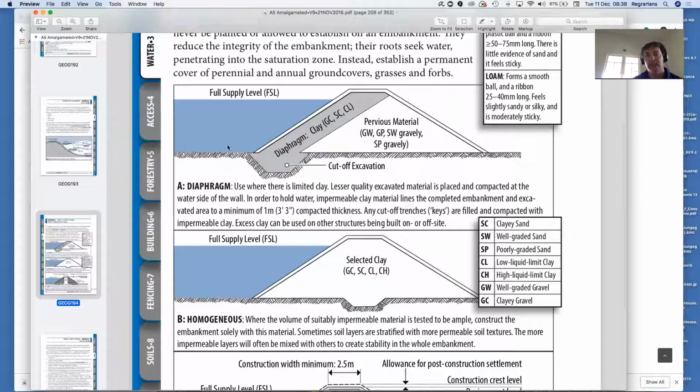That stops any water seeping, because this area right here is a weak zone in a lot of soil types, and water can seep in between the earth that hasn't been disturbed and the fill material that you've put on top. So a key trench which is packed full of pretty good clay acts to sort of suture that wound.